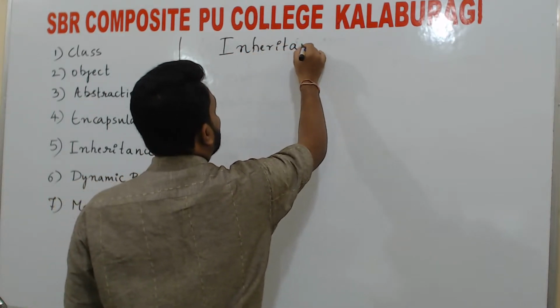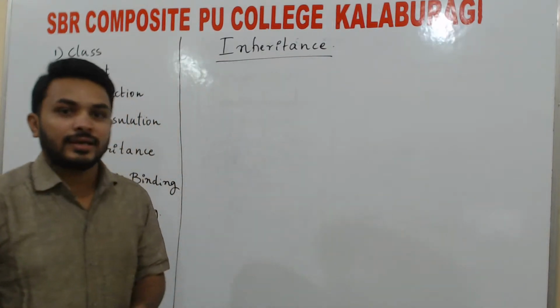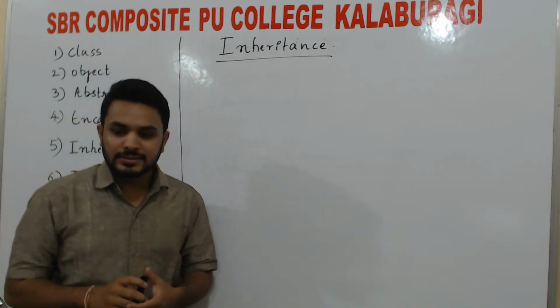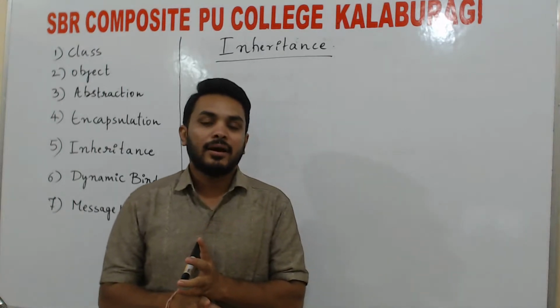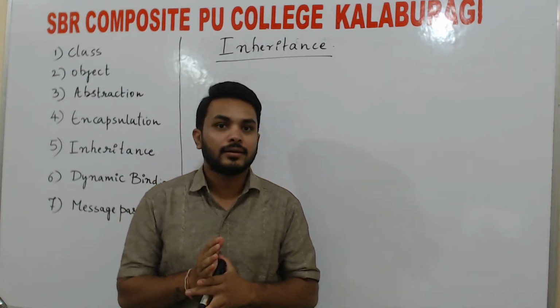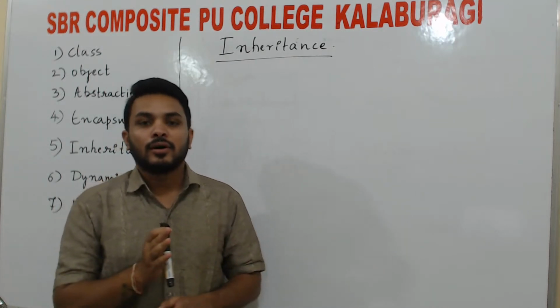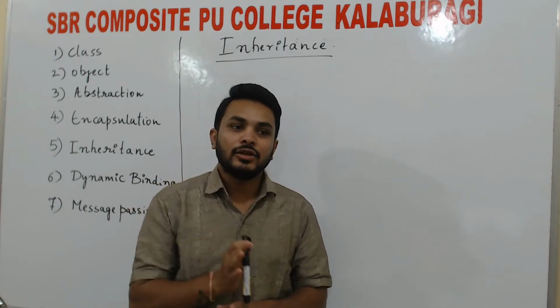How do you include this inheritance concept in the program, and how does it actually help while we are writing a program? Okay, so inheritance is basically what we call a reusability property.